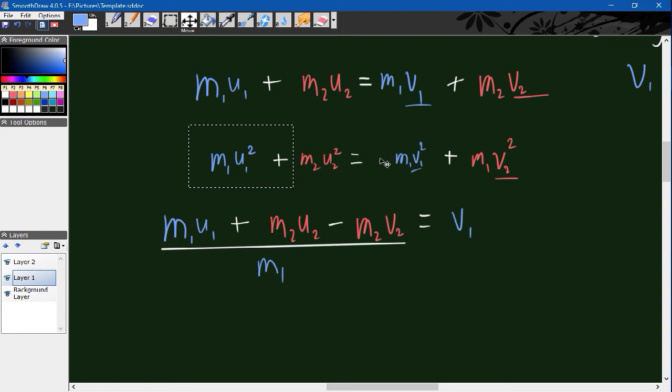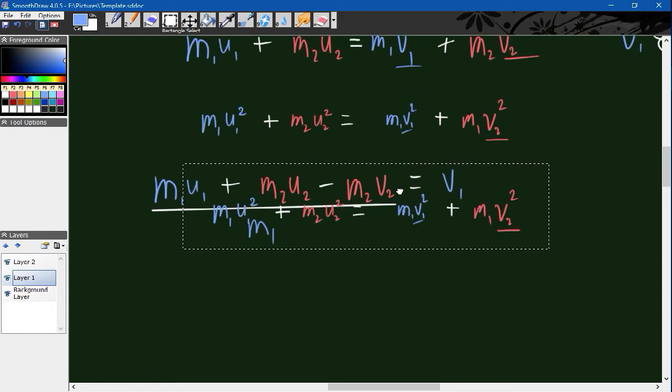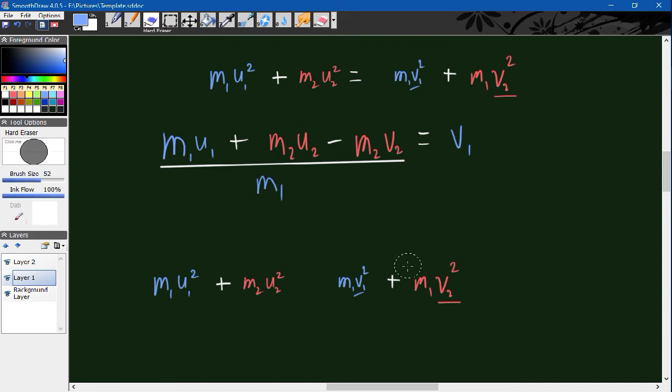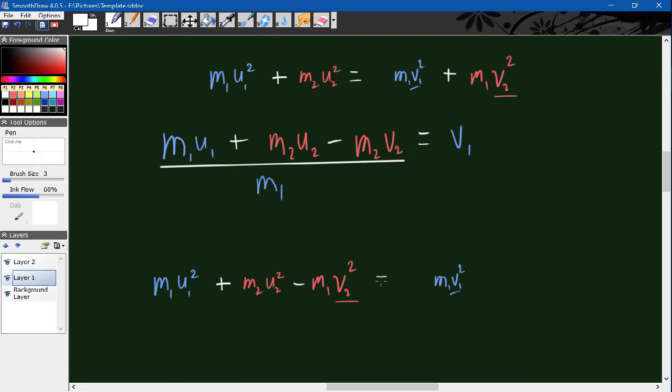So, what we could do here is transpose this to the other side, so it's going to be, oh, that's not right. So we have, oh gosh, what are we doing?